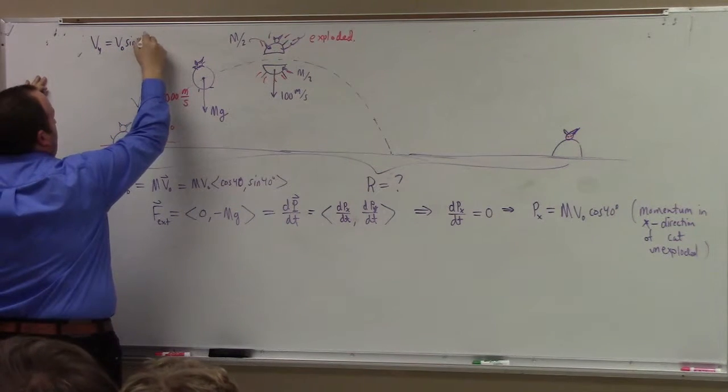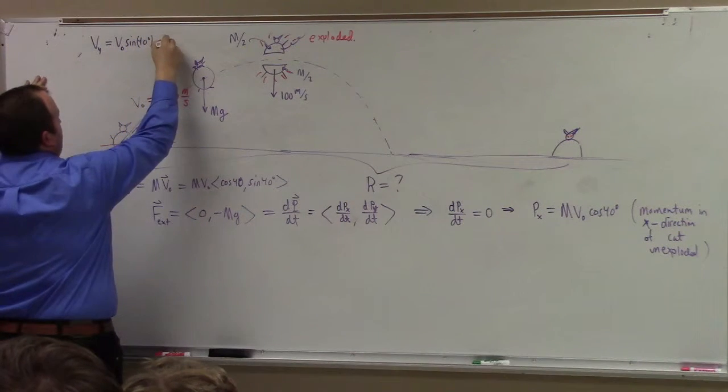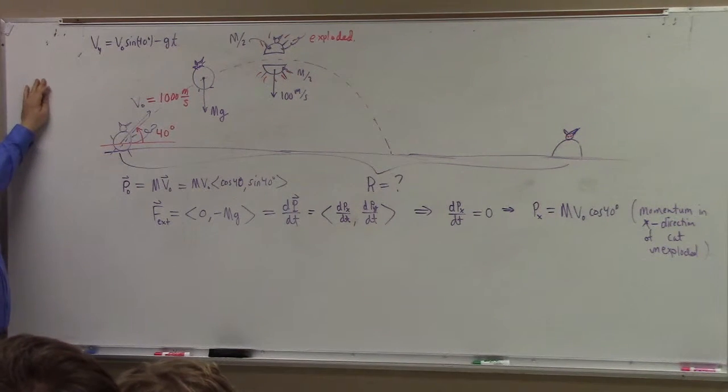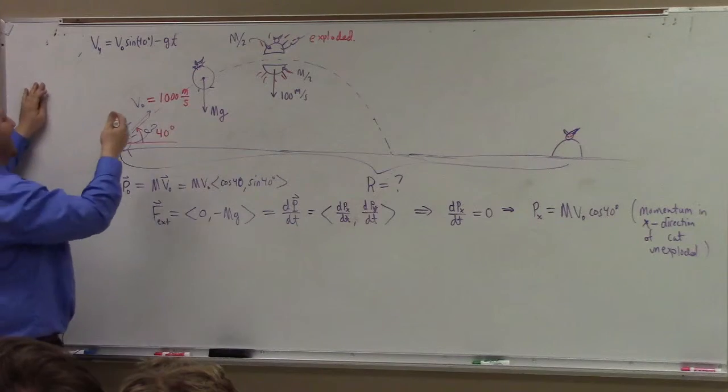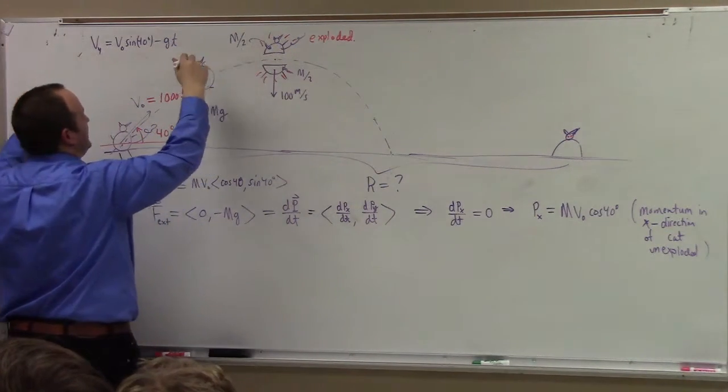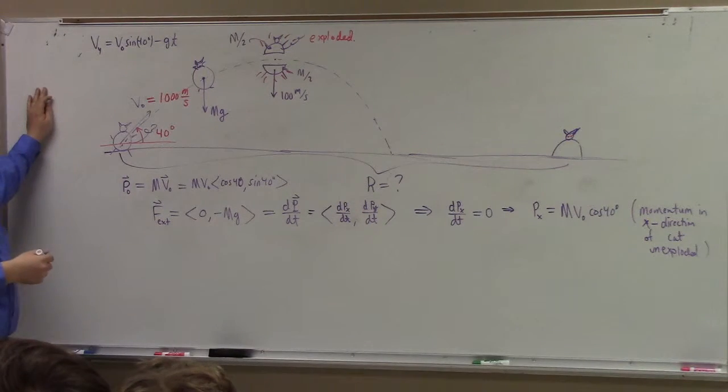That's the initial y velocity, minus gt, right? How much time does it take to get to the halfway point? Oh, I'm sorry. I'm an idiot. It's easier than that. What's the y velocity at the zenith of the flight? Duh. Sorry. So right here, right before the explosion, the y velocity is 0, right?